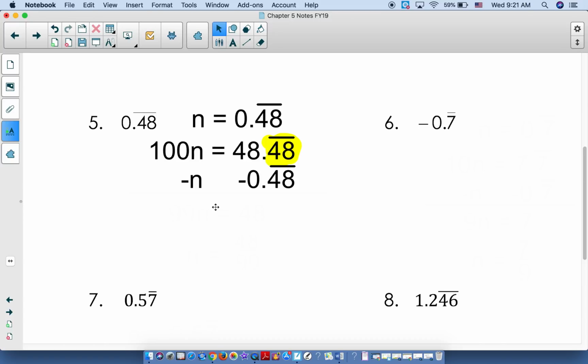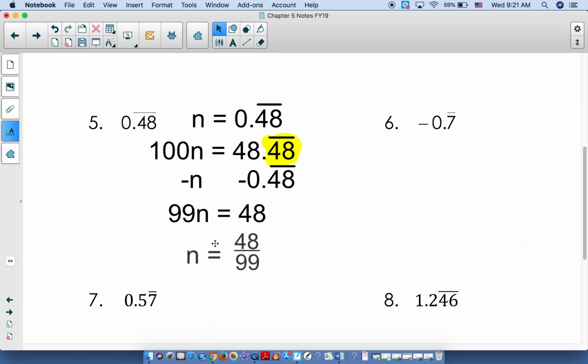Next, I'm going to write what this equation equals. 100n minus n equals 99n. And then if I have 48.48 repeating minus the 0.48 repeating, well, I would just have 48. So right now, I have an equation that I know how to solve.